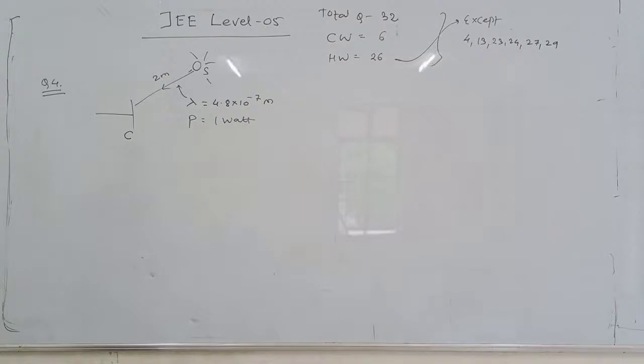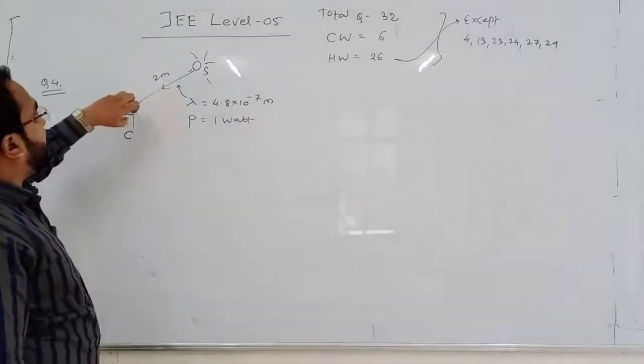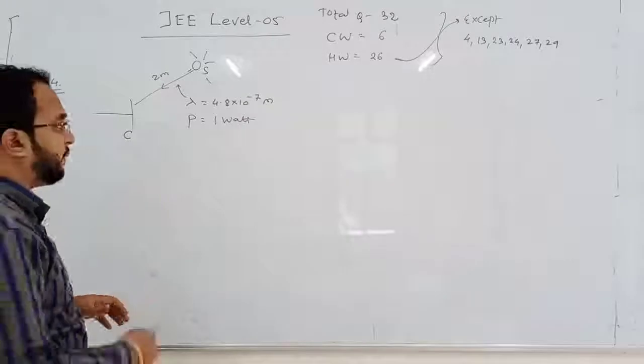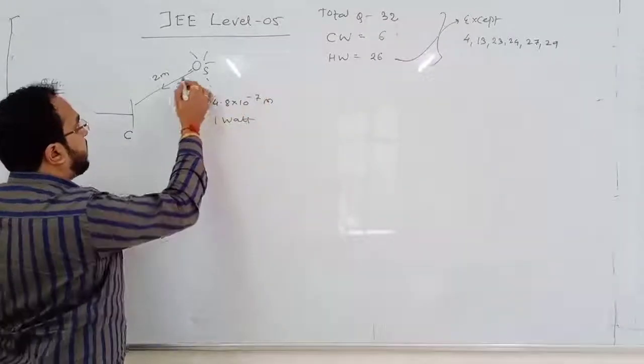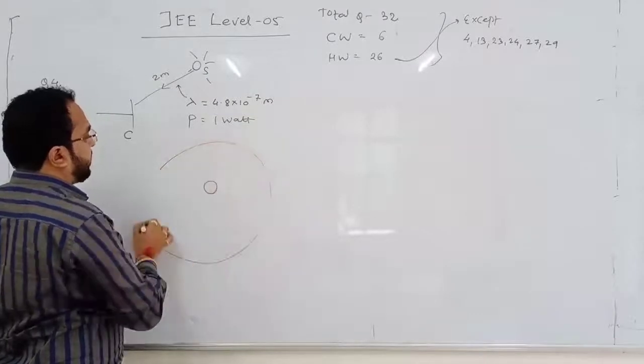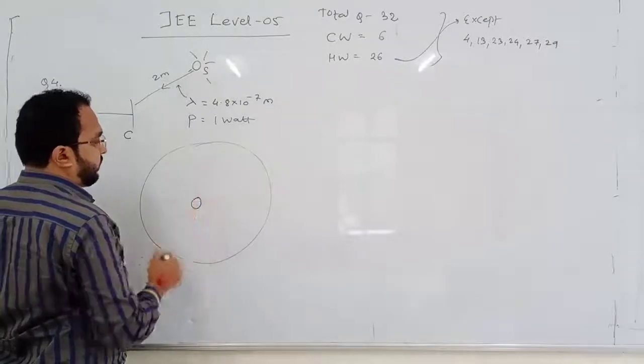Now you know what is asked in the question, the number of photons striking the plate. The distance is 2 meters. Now the rays are falling normally. When the rays are falling normally and the distance is 2 meters, we can consider a circular emitter, where the source is situated at the center.